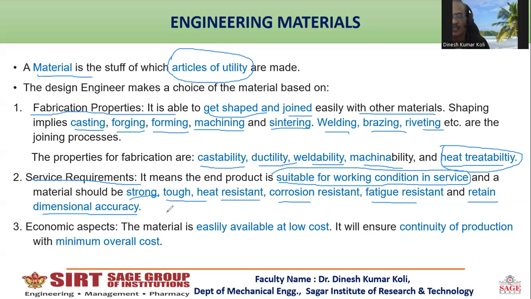Corrosion resistant: if some component is working outside, in the open environment, there may be heat, there may be the rainy season, there may be different climates, and it should be able to resist them. It should not be easily corroded by any material.